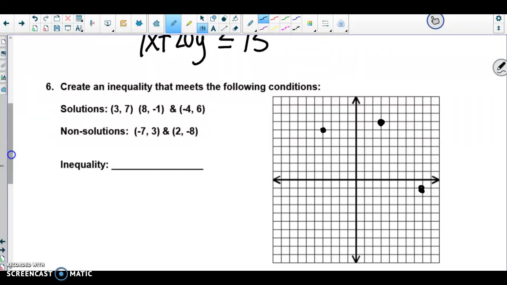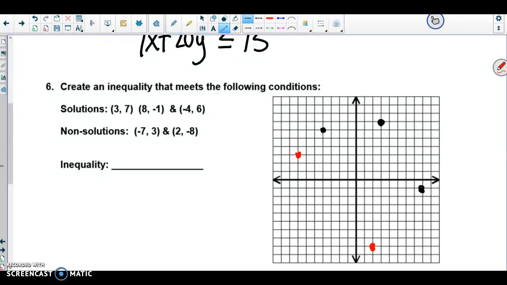So that means it's got to be shaded up on that side, looks like. Non-solutions, so the ones that aren't going to work, are like (negative 7, 3), (1, 2, 3). So that one doesn't work. And then (2, negative 1), (2, 3), (4, 5), (6, 7, 8). That doesn't work.